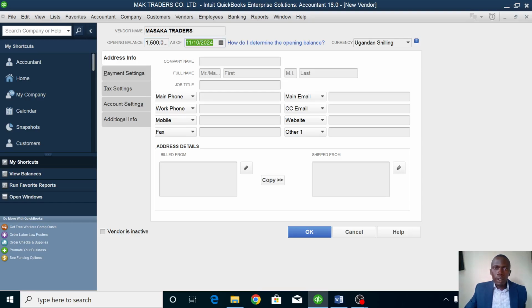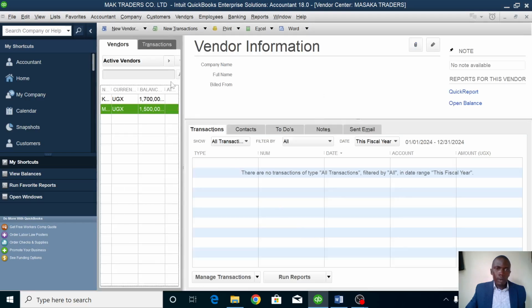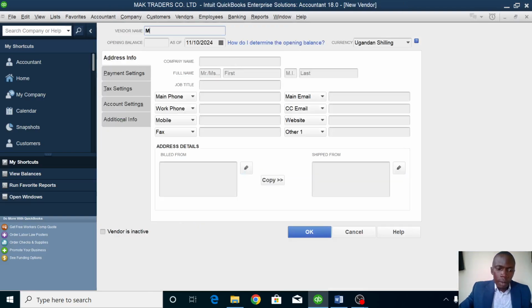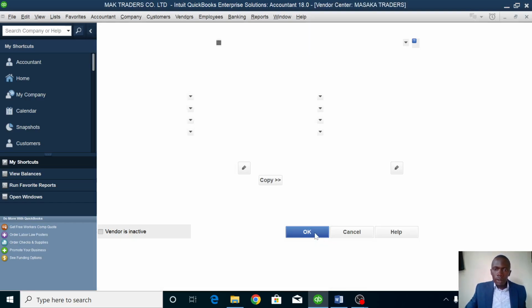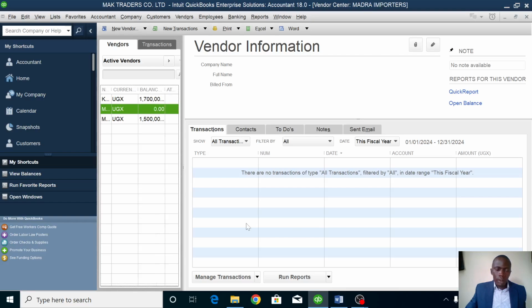The opening date is 1st of January. We go to Madra Importers, our next vendor. We don't have the opening balance. The date is 1st of January. Say next. It's okay.